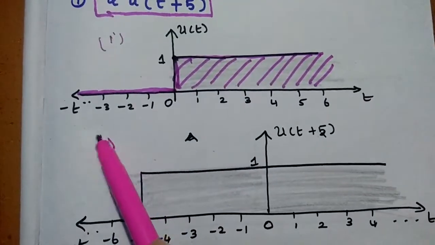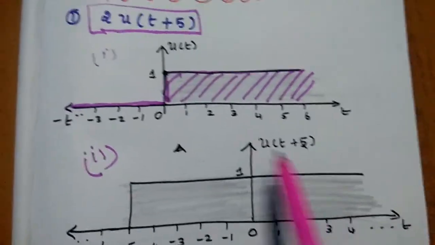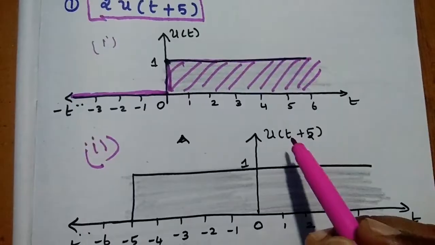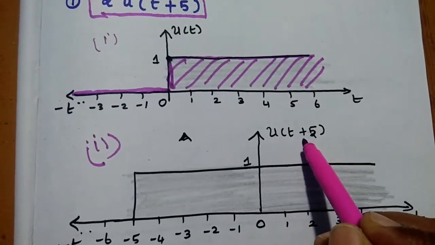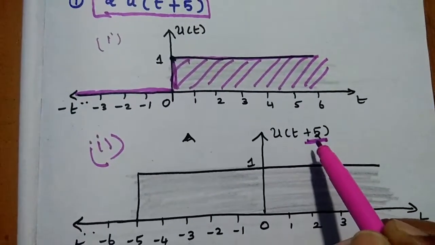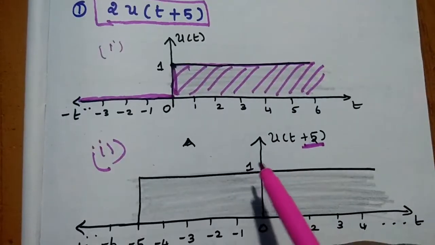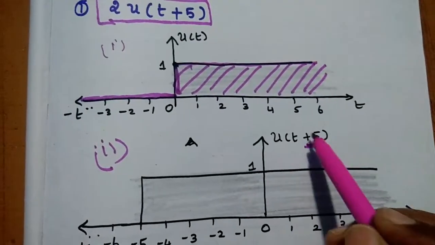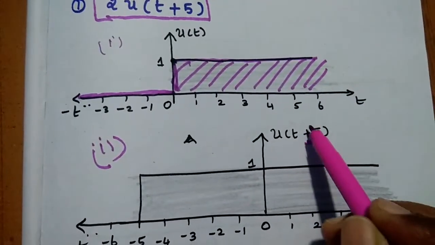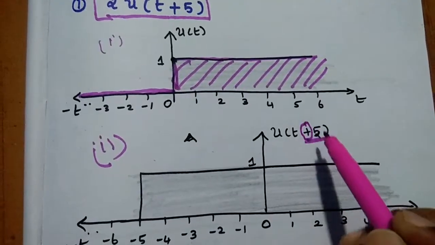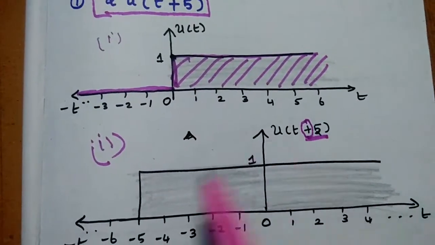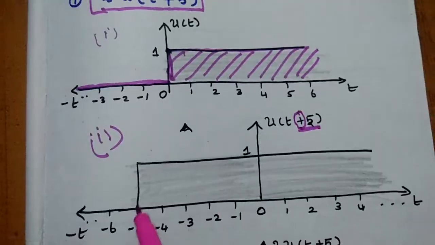So in this second step, this is u of t. This u of t is shifted by plus 5. I already told you in the previous video, in this time shifting, if there is a plus sign, it is an advanced signal. Correct.